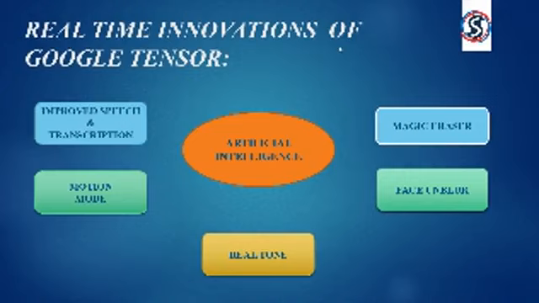So this is all about the real-time applications that I have told you. It is a very interesting thing that we are facing in our daily life. In this way, Google Tensor is helping AI get better, and it will also help AI get better in the future.